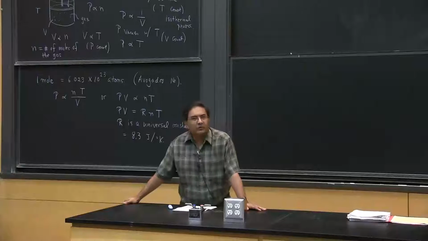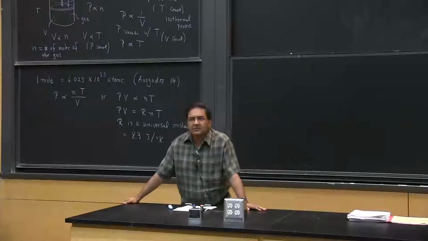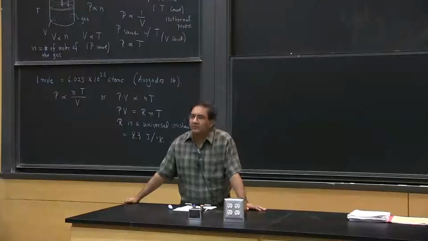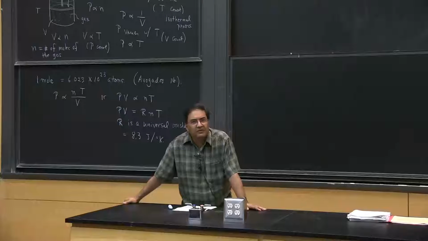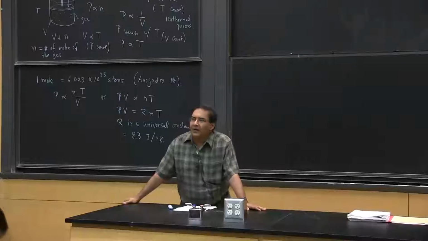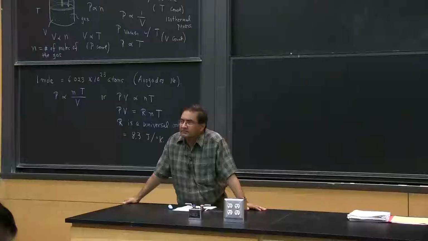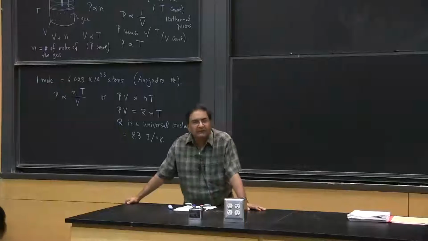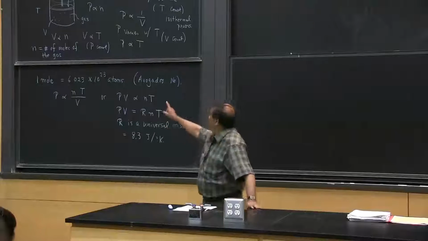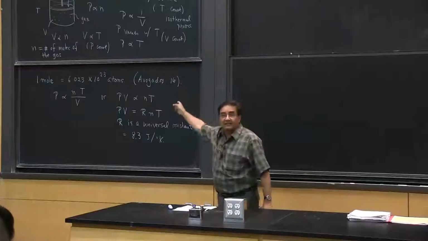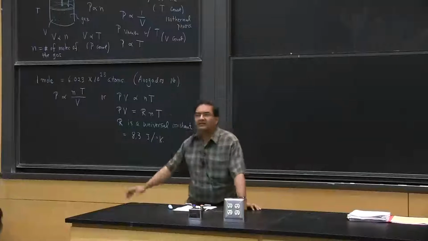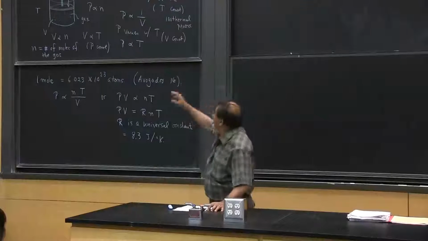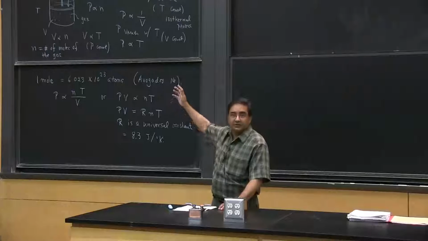And furthermore, what is also an important subject is what's at the nuts and bolts of thermodynamics. At the nuts and bolts of thermodynamics, we would like to understand how atoms and molecules interact, and whether from that interaction we can construct equations like these for more complicated scenarios. Because this is a very simple scenario.